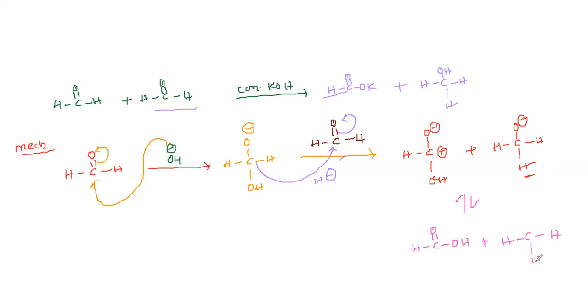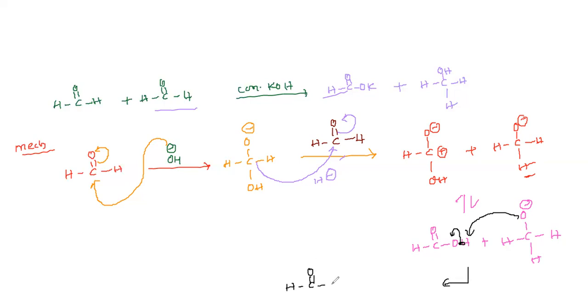Again it is O minus, sorry. Then the loss of H plus: this H plus attacks O minus, because carboxylate ions are more stable than alcohols.